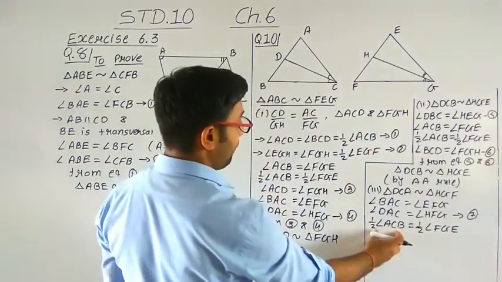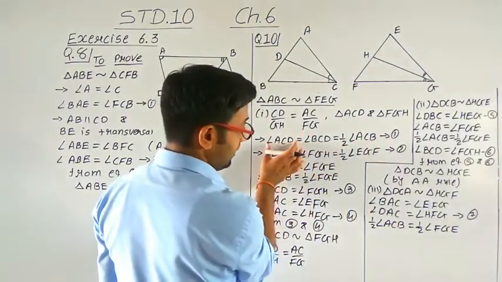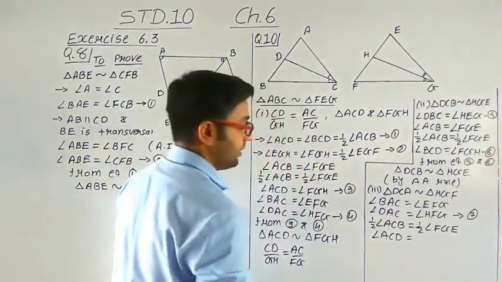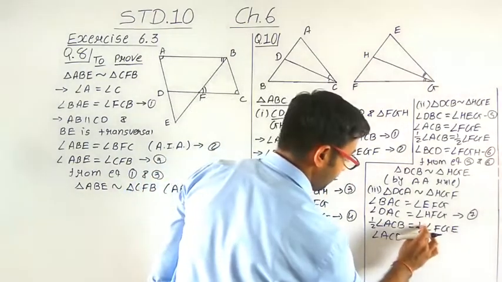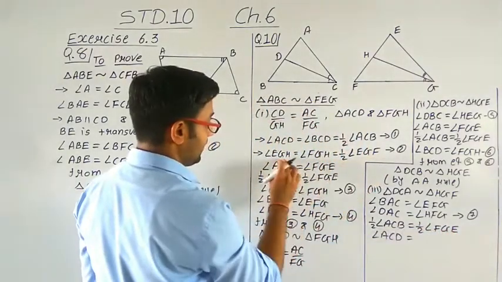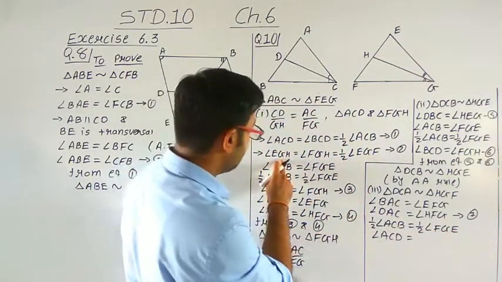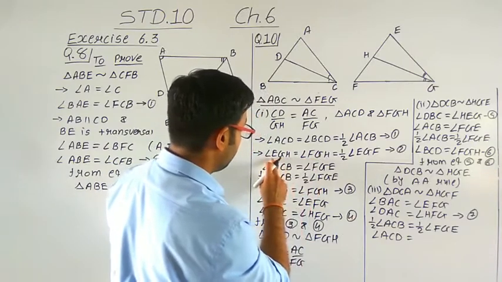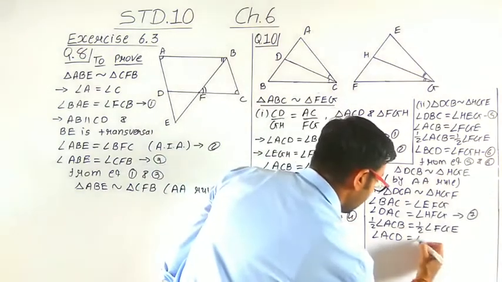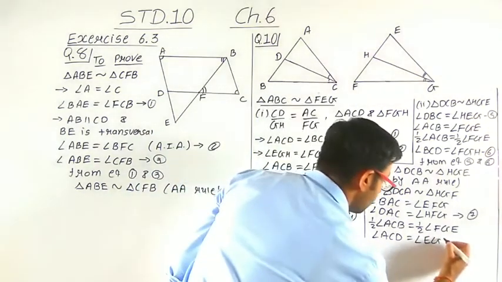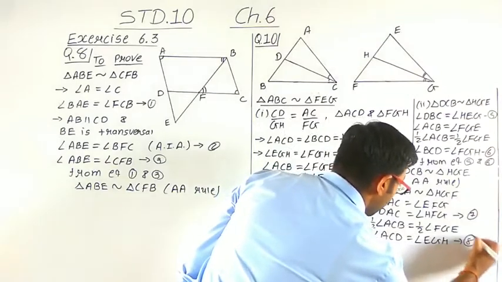Now one half of ACB we take as angle ACD, and instead of one half of FGE we take angle EGH, right? This is equation number 8.